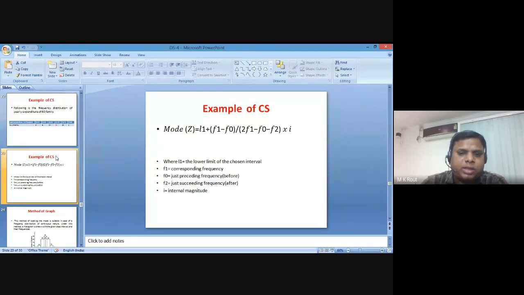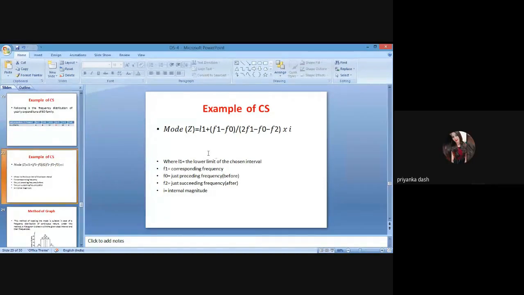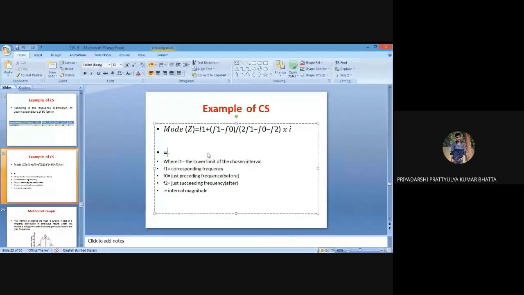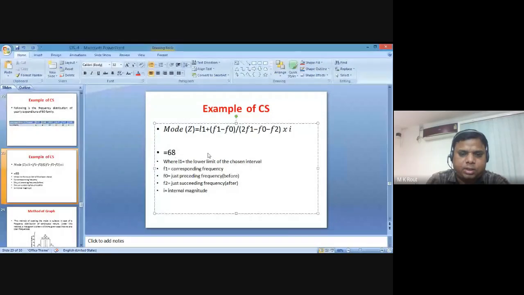So what is the answer? 68. You just write the other data. L1 is 65, and the corresponding frequency is 20, and the preceding frequency is 14.